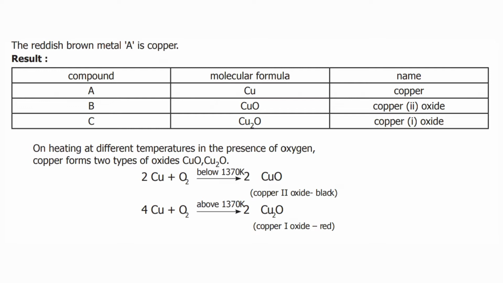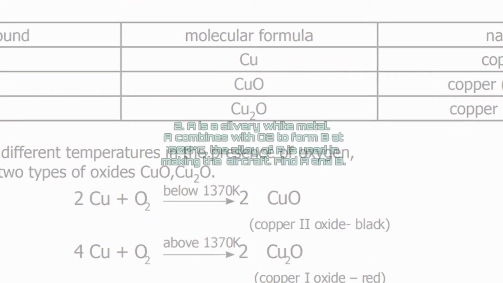On heating at different temperatures in the presence of oxygen, copper forms two types of oxide, CuO and Cu2O. 2Cu plus oxygen below 1370 Kelvin gives 2CuO, that is copper 2 oxide, black. 4Cu plus oxygen above 1370 Kelvin gives 2Cu2O, copper 1 oxide, red.